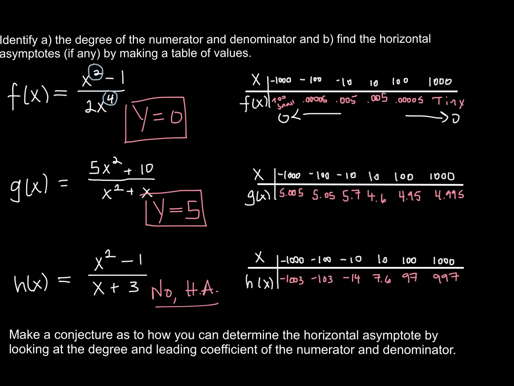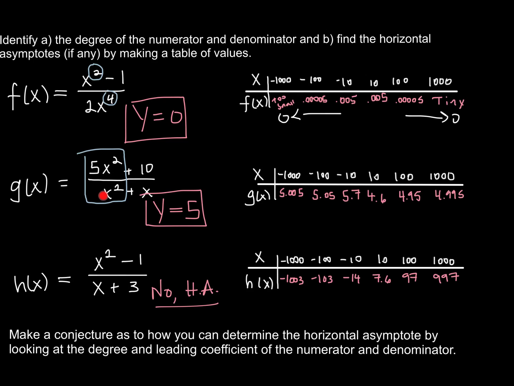So we really just need to consider the rational expression given by the ratio of the leading coefficients. If we just consider what these are, we'll get a really good idea of what happens as x approaches negative infinity and positive infinity. Because as we do that, we know that these other terms don't really matter. So what will happen when we take 5x squared and divide it by x squared? That's actually really easy, right?